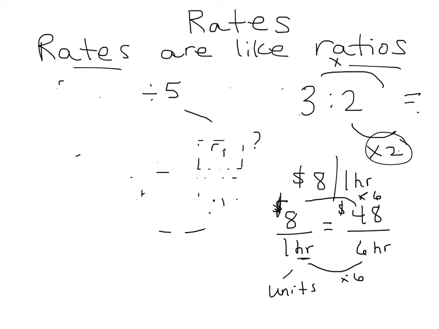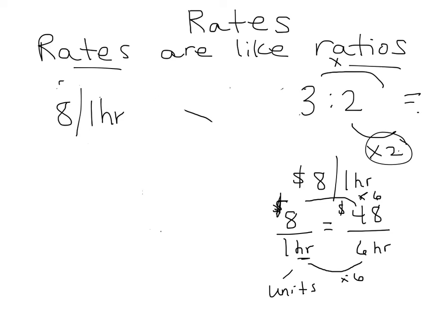The other way to look at it, you can formulate it as a fraction, or the other way to do it is, if I was doing again $8 per hour, I could also write it going across as well, right?